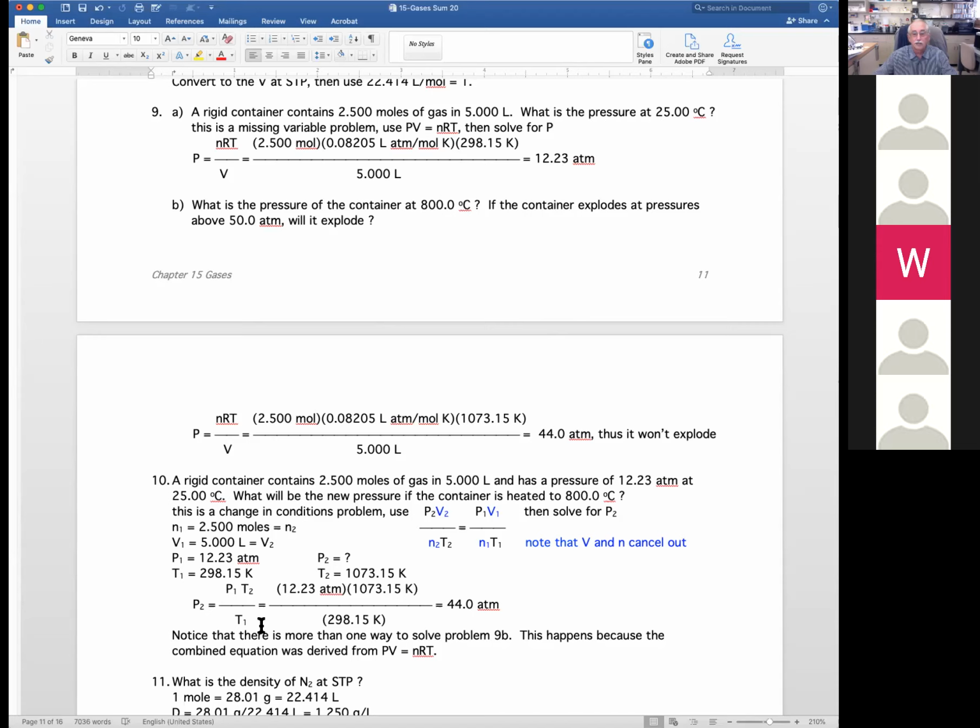I did really the same thing, but instead of solving for it twice, I simply used this, and I got the same answer. Now, is this magic? No. Why does it work? Because there's only one ideal gas law, PV equals nRT. And this came from PV equals nRT. It's just another form of the same equation.